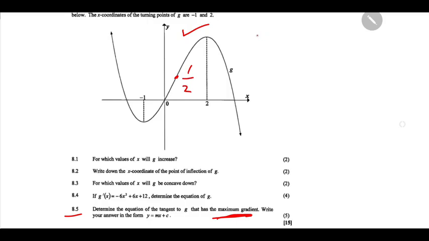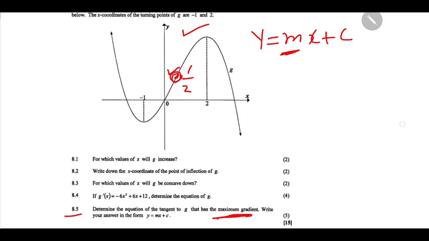We need to find the tangent line, which is y = mx + c, so we are looking for m, the gradient. How are we going to find the gradient? We know that at this point of inflection, that is the maximum gradient of tangent.